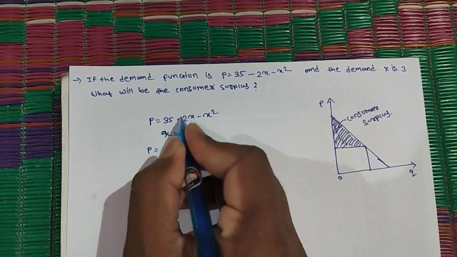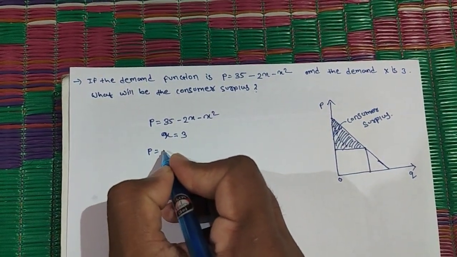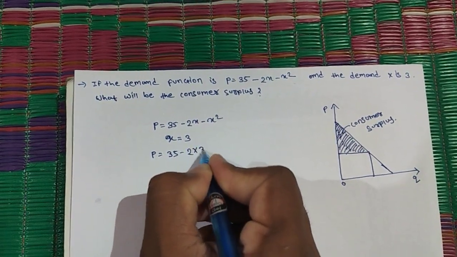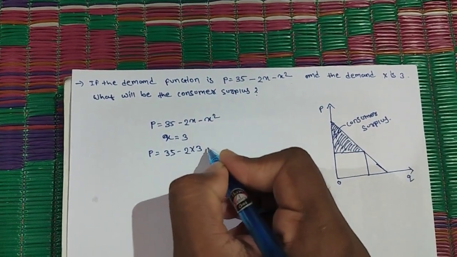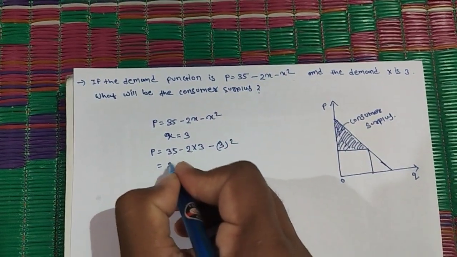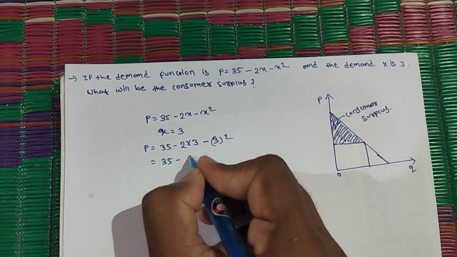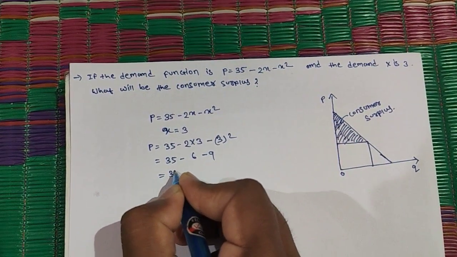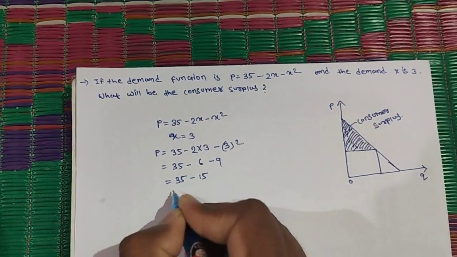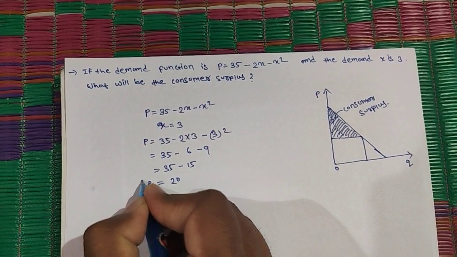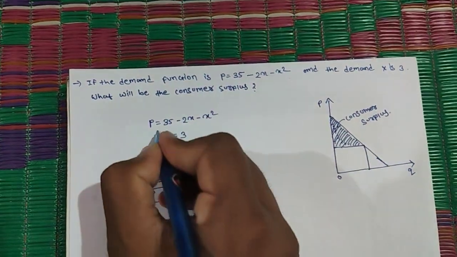By putting the quantity in the demand function, we can get the price. 35 minus 2 into 3, in place of x we put 3, minus 3 square. Now 35 minus 6 minus 9, 35 minus 15, 20. We get the price equal to 20.